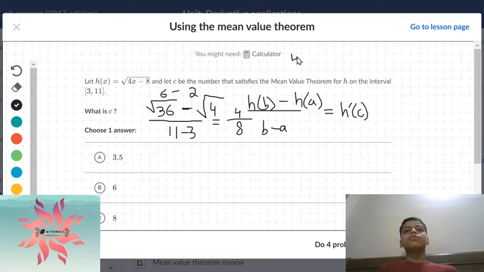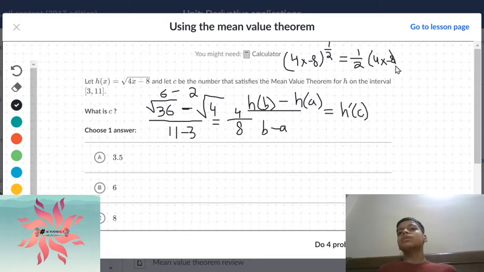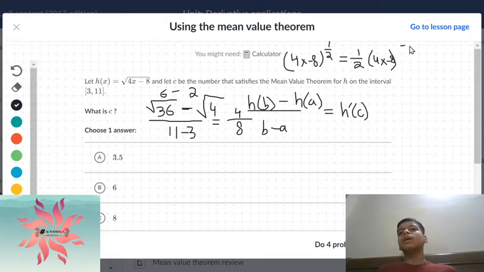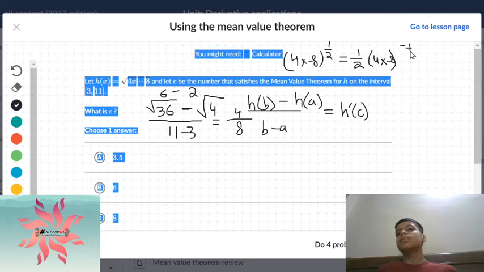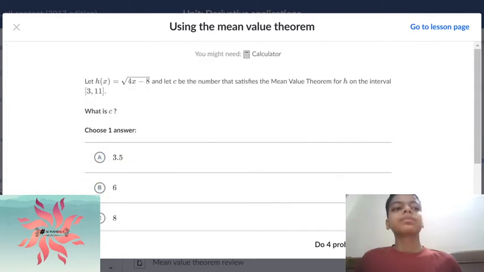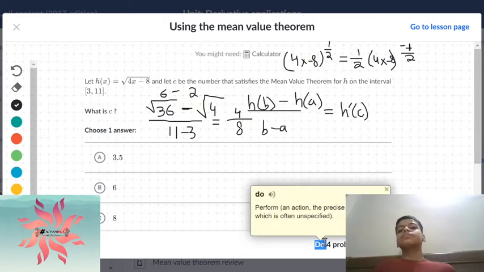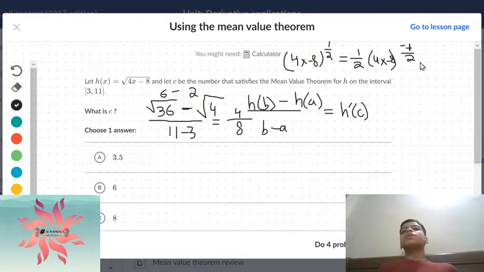This will just be 4x minus 8 to the 1/2 power, and we take the derivative: it becomes 1/2 times 4x minus 8 to the power of negative 1/2, because using the power rule we just subtract the power.